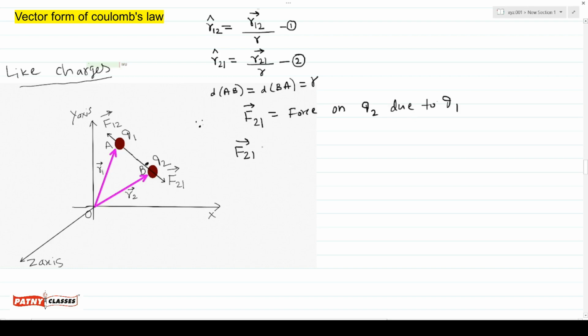F21 equals, by using Coulomb's law, 1 upon 4 pi epsilon naught, Q1 multiplied by Q2 upon AB square, multiplied by the unit vector in the direction of AB.